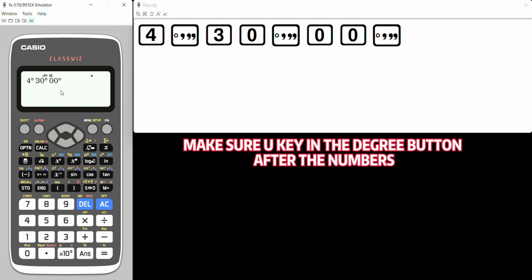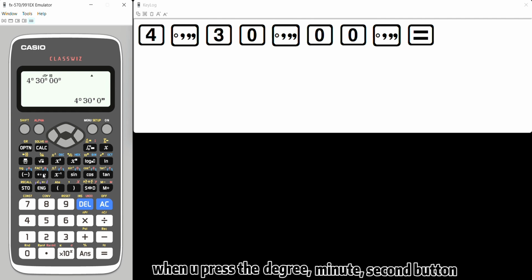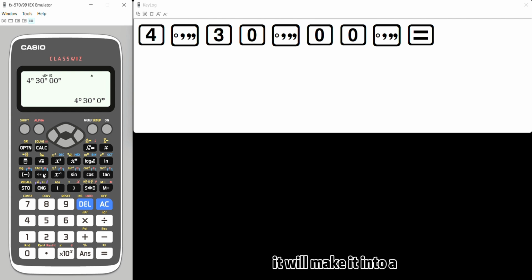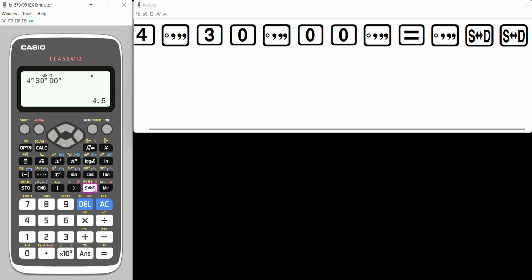Make sure you key in the degree button after the numbers. So when I press equal, it will show me that it's in time form. When you press the degree, minute, second button again, it will make it into a decimal, and then you can change it to fraction using the SD button.